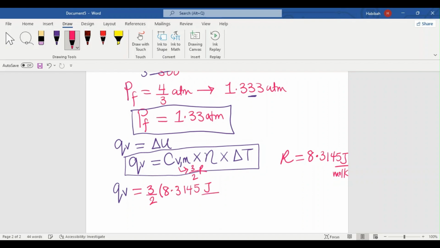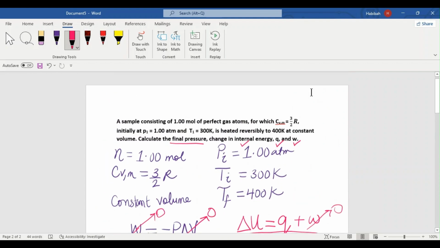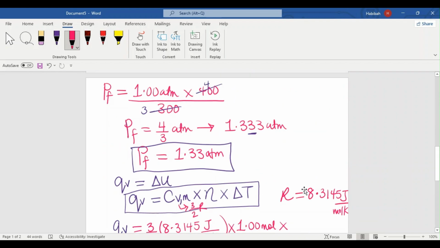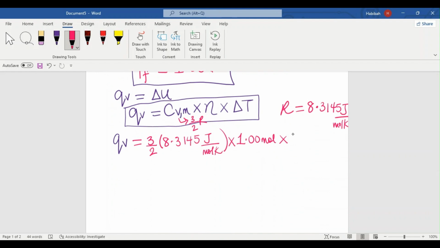8.3145 joules per mole Kelvin, times the number of moles that we're given, which is 1.00 mole, times the change in temperature. We know that the initial temperature is 300 Kelvin and the final temperature is 400 Kelvin. So that's T final minus T initial, which would be 400 Kelvin minus 300 Kelvin.